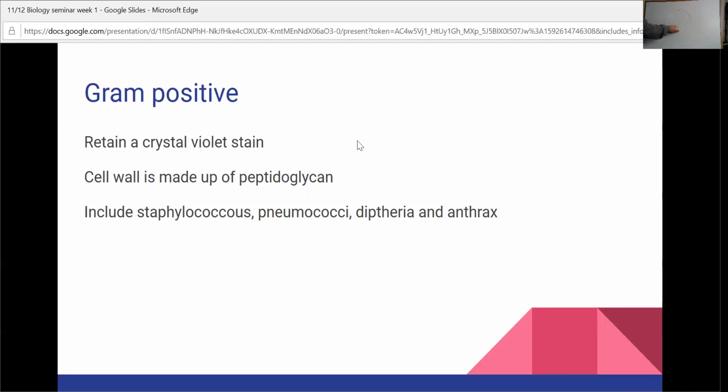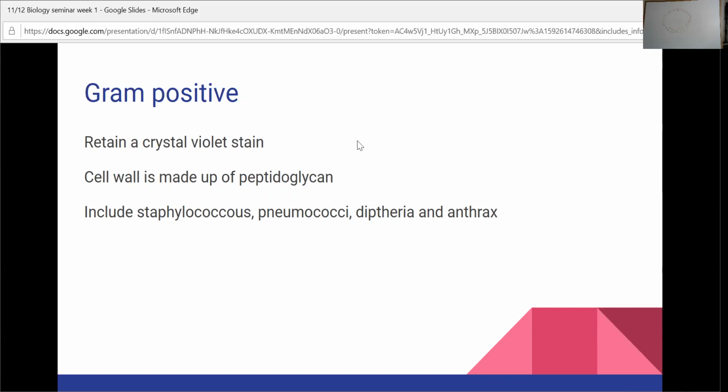Gram-positive, they have this molecule called peptidoglycan in their cell wall, and when you stain it with this crystal violet stain, then it looks purple under a microscope.